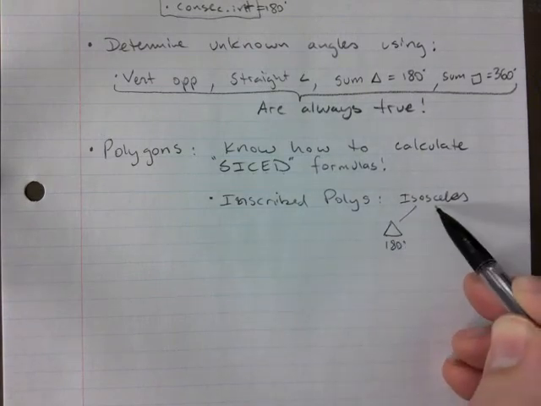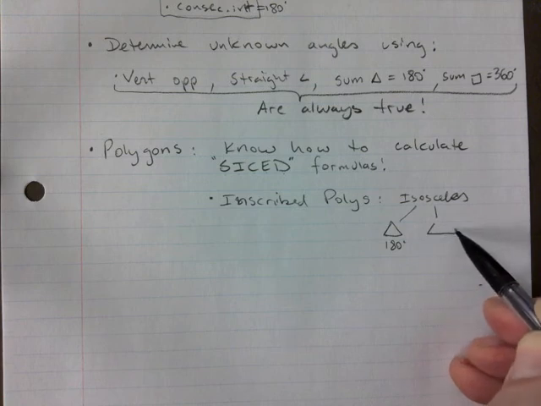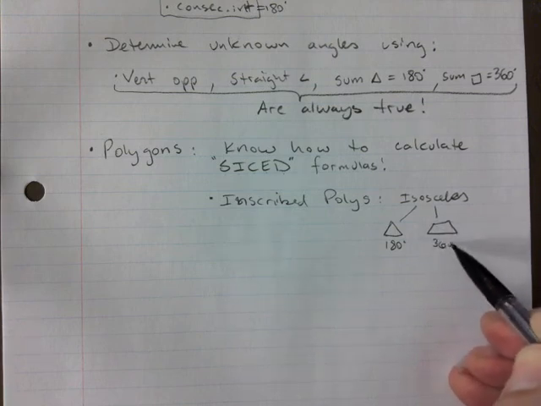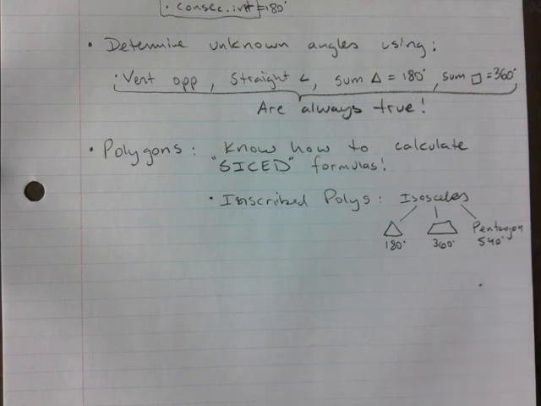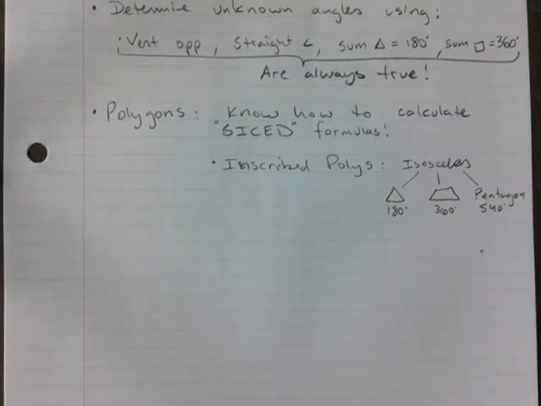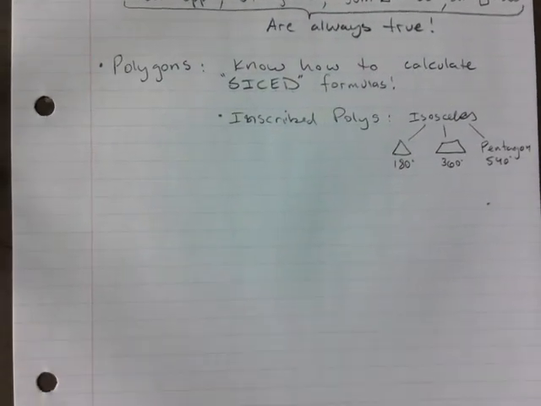It's 180. Trapezoid, 360, and pentagon, which is 540. And there are these formulas that, right, you keep on subtracting from and dividing by 2 to get the 2 base angles.